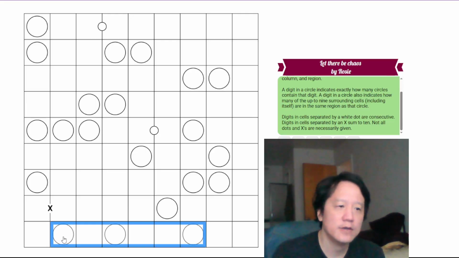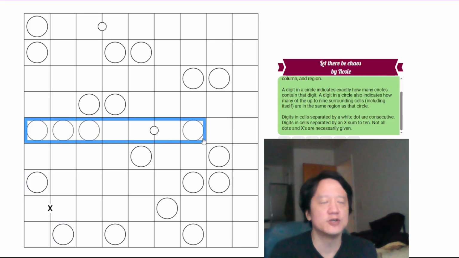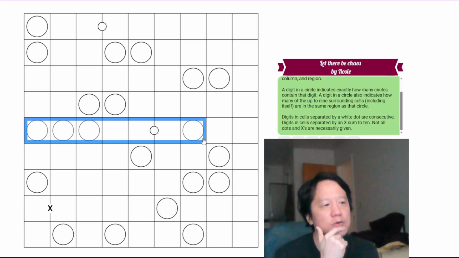And we have 4 distinct digits in circles. So it must be at least 4 digits. It could be more. And in fact, it doesn't have to be more. No, it does have to be more.